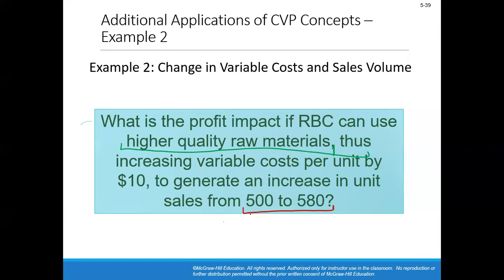Now, how many variables are changing in this scenario? One is variable cost per unit, and another one is sales units going up, right? So it's another sensitivity analysis or scenario analysis.